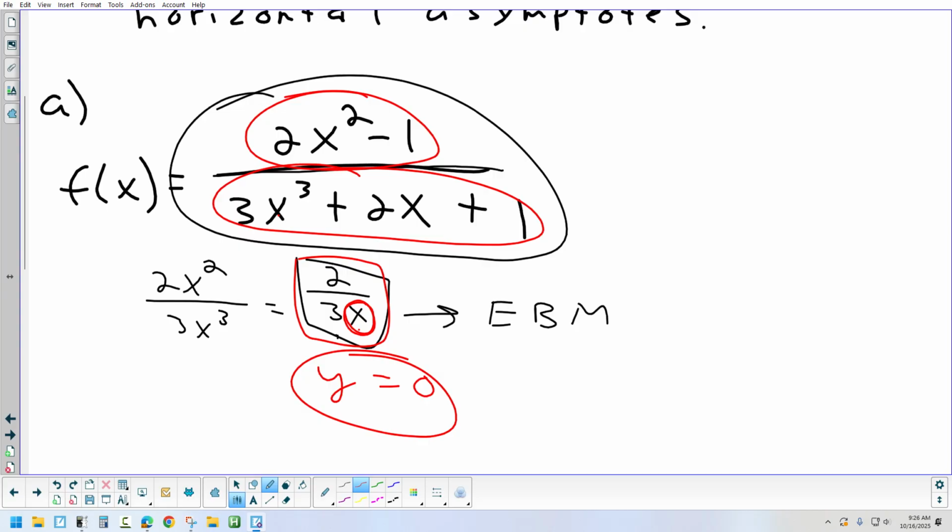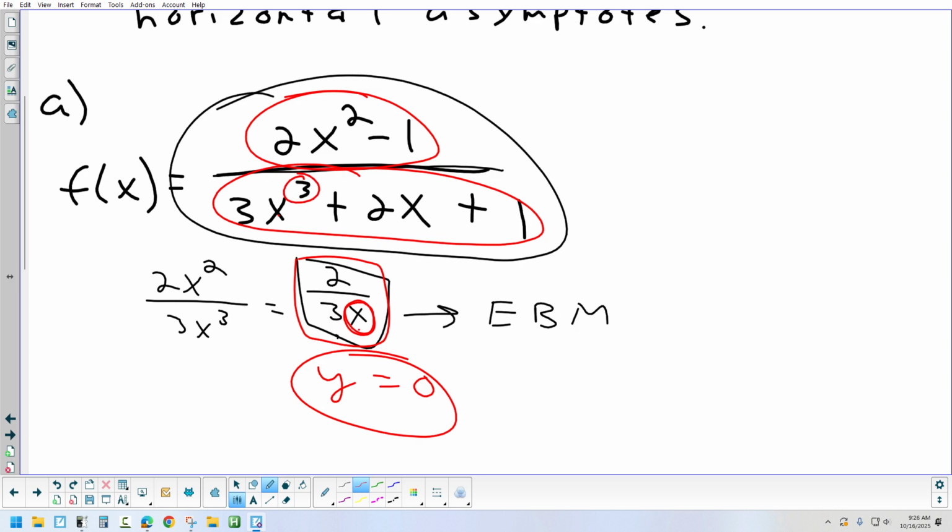Top or bottom? Yep. No, if the top is bigger, then we're going to start to get into slanted asymptotes or even curved asymptotes. That's going to be next time. So the only way you can get a horizontal asymptote at 0 is when the bottom has a bigger degree.